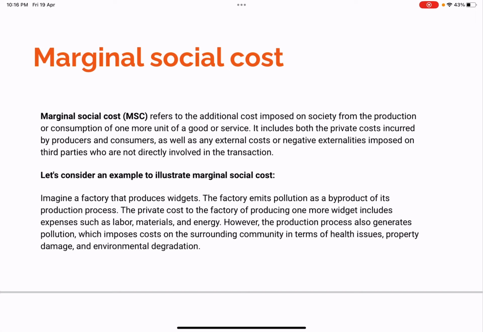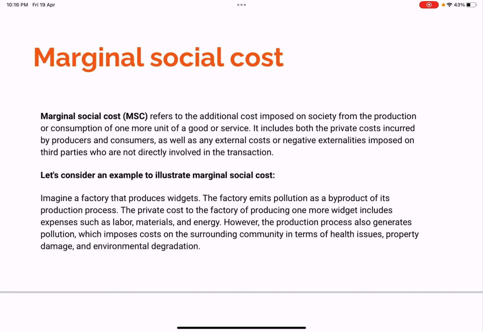So the marginal social cost includes both the private costs, and it will also include the external costs of negative externalities. So let us consider an example of how you calculate the marginal social cost.